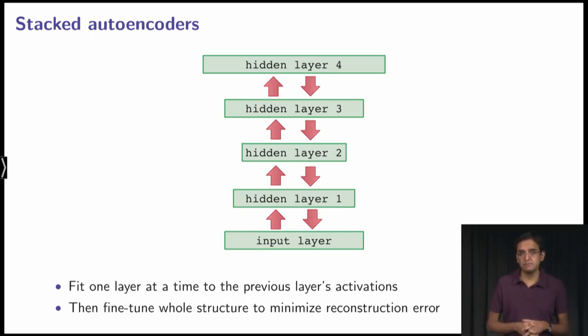So for example, imagine that the input layer is an image. Then the first hidden layer might consist of some very low-level structure, tiny fragments of edges or little blobs. The next layer might contain structure at just a slightly higher level, bona fide edges, for example.